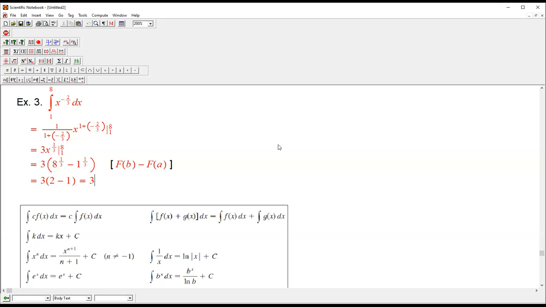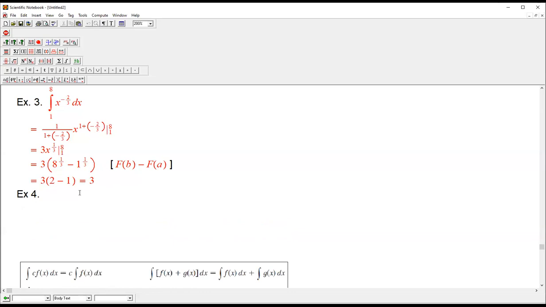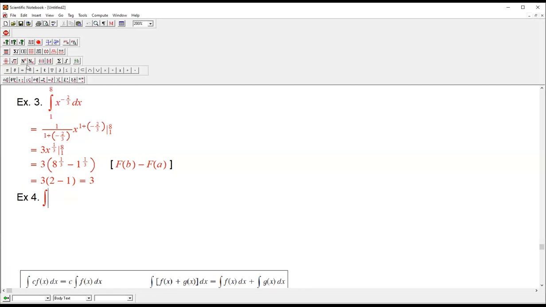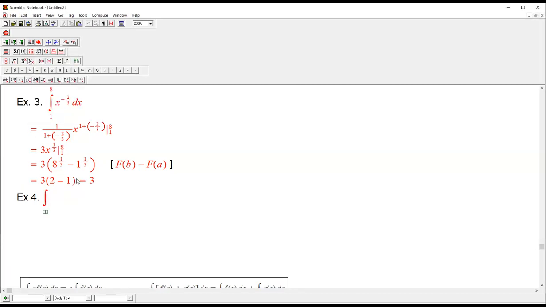We have example number 4. Okay, that's my example. I'm going to choose a function which has a trig function and also has exponential functions. But it's a definite integral.